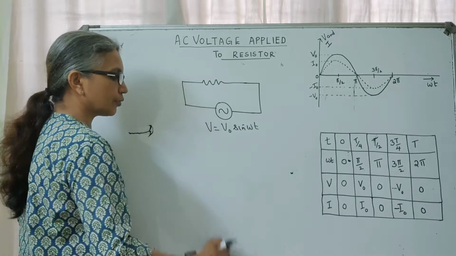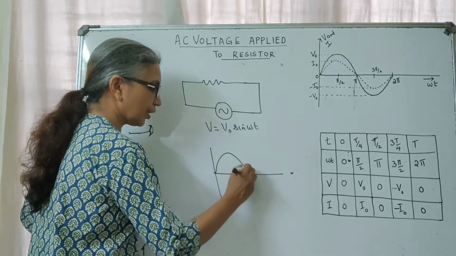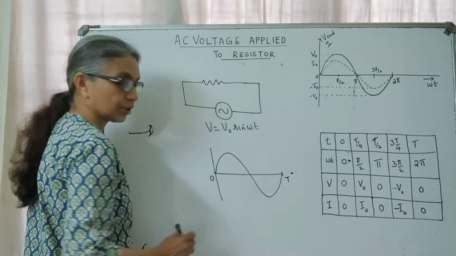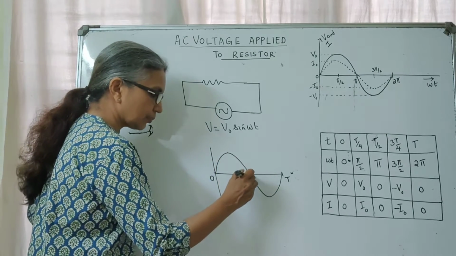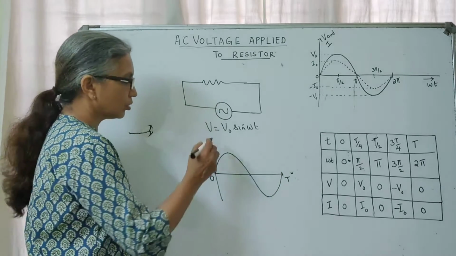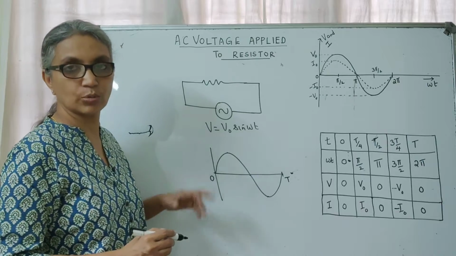Now if you remember this from our AC generator, the sine function varies like this in one time period T starting from 0. It starts with 0 to a peak value, then comes down to 0, a negative peak, and then back to 0. So this V here represents the instantaneous value of voltage.